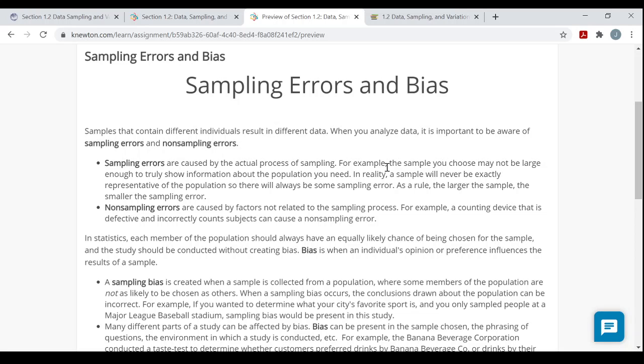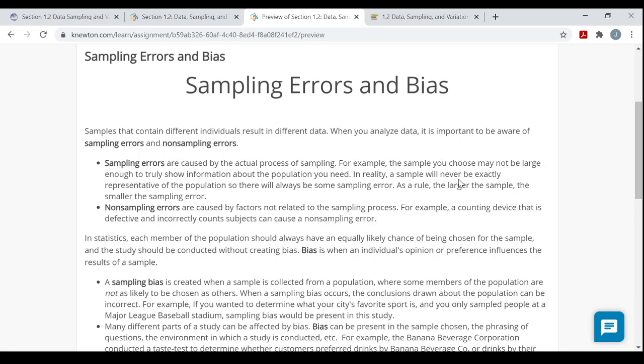For example, the sample you choose may not be large enough to truly show information about the population you need, right? If you're studying everybody in your state or everybody in the country and you only select a sample of 10 people, that's not going to tell you a whole lot about your state or your country. Because the populations are pretty huge. Just taking a small sample won't tell you a lot.